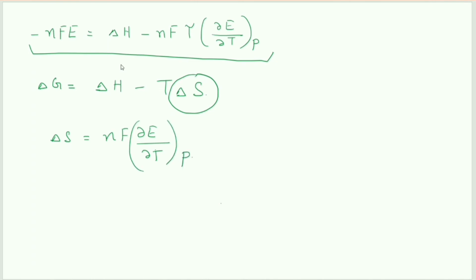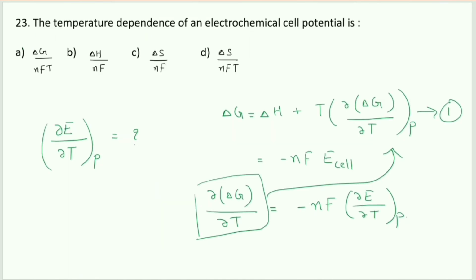So ∂E/∂T at constant pressure will be delta S by nF. So option C, delta S by nF.